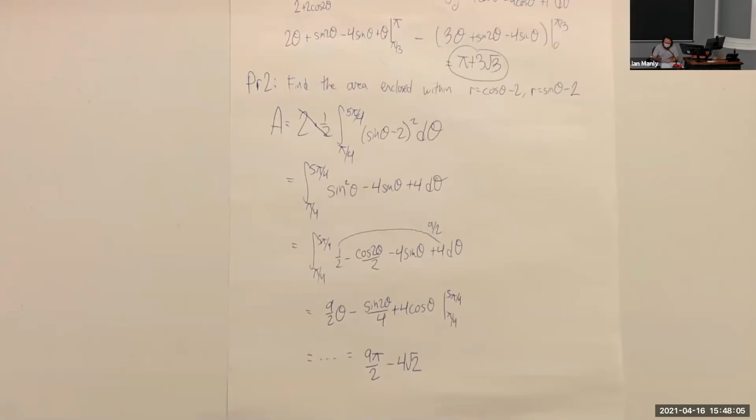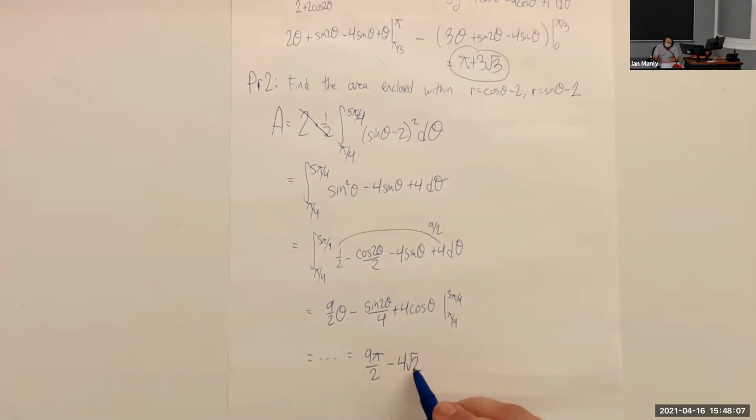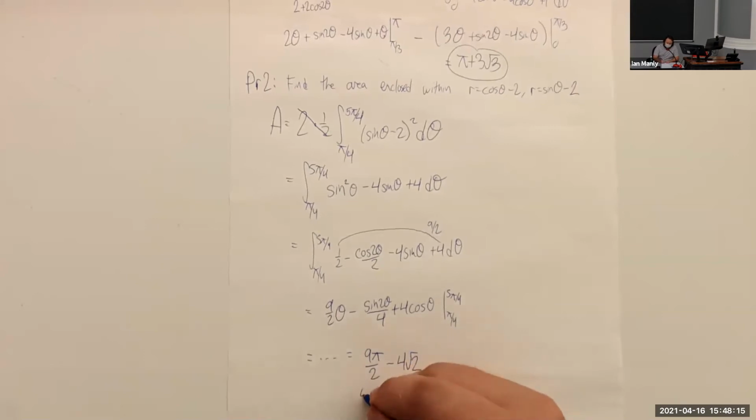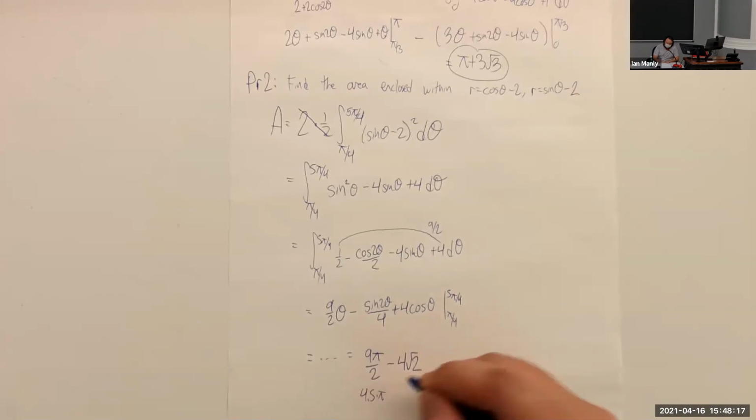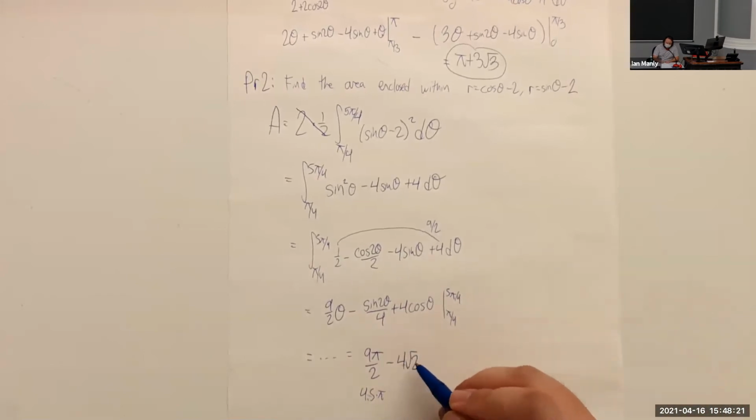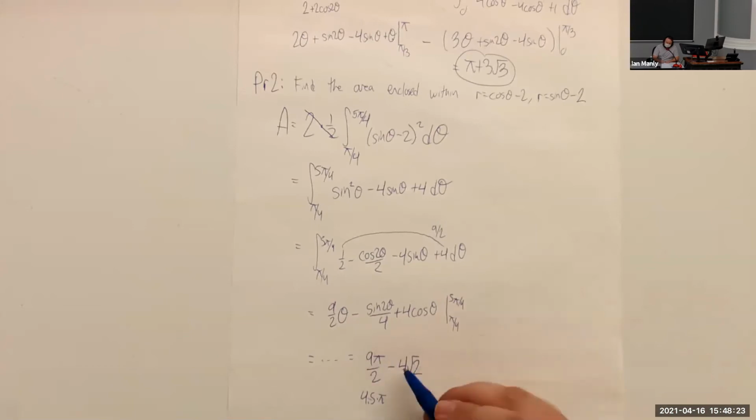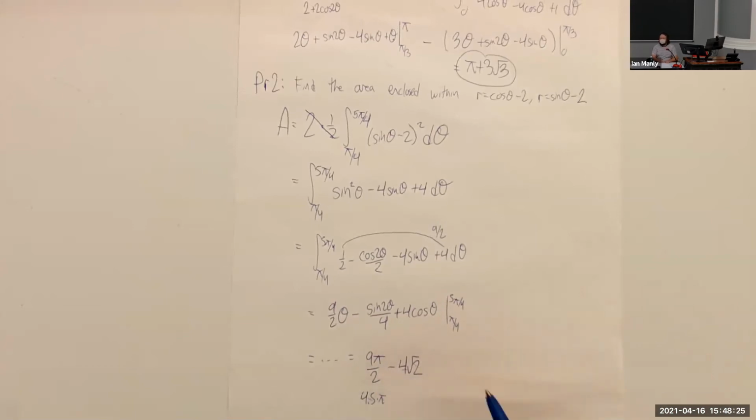So for example, if this was the other way around, I have 4 root 2 minus 9 pi over 2. I feel like 9 pi over 2 is a bigger number than 4 root 2, because this is like 4.5 times pi. And both of these numbers are bigger than these ones. So this one should definitely be in front here. So if we ended up with that in the front and the 9 pi over 2 being subtracted, we know we did something wrong at some point. Maybe we dropped a sign or something like that.